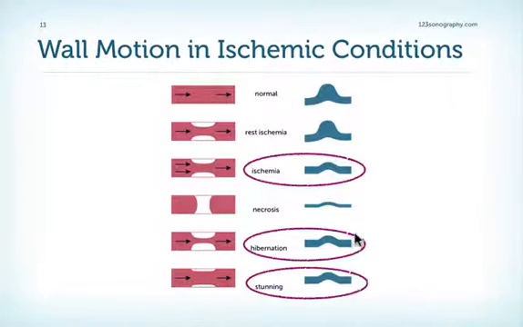So if we look at the different segments with respect to their thickness and their contractility, we have ischemia, hibernation, and stunning, which show a very similar pattern, a normal thickness of the myocardium and hypocontractility and sometimes akinesis. So these three different conditions are very difficult to differentiate with echocardiography.